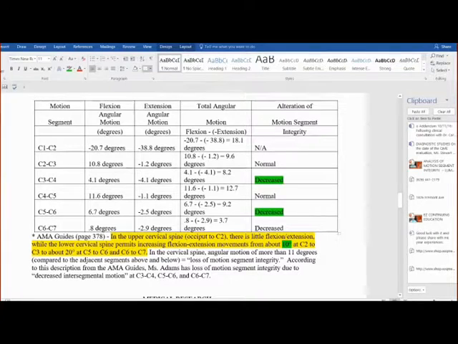Again, I considered that also to be decreased because the guides tell us that down in these lower cervical segments, we could expect normally about 20 degrees of total angular motion.